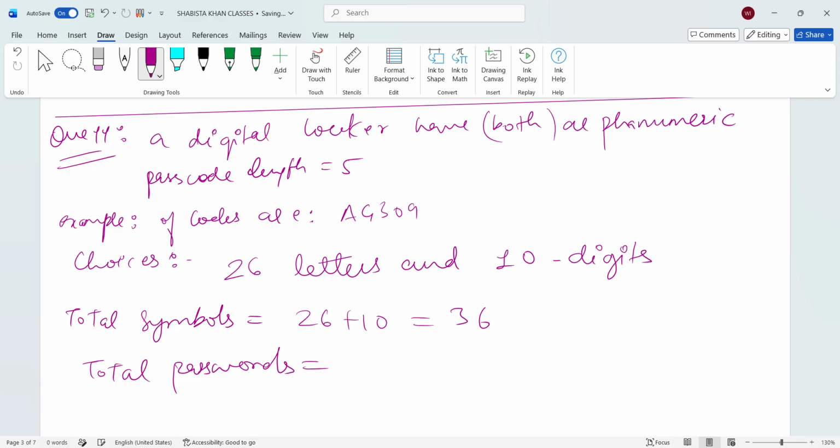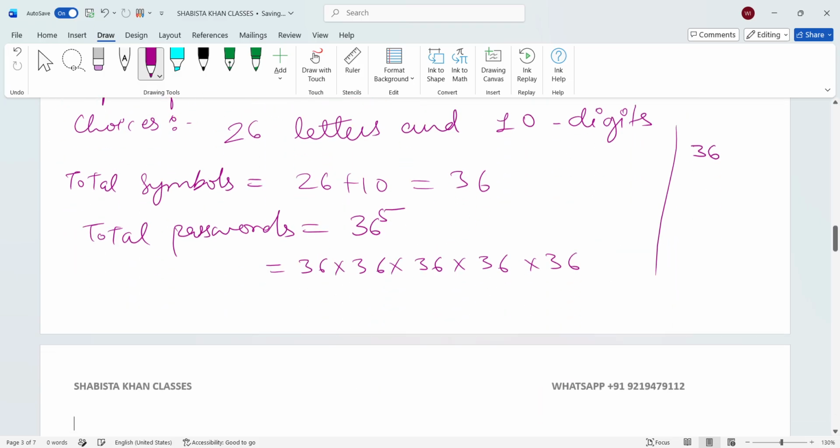Already have done a problem in previous lecture. It is 36 to the power 5. So you have to calculate it. How much? 36 to the power 5. How come? You have to multiply 36 five times. Okay.